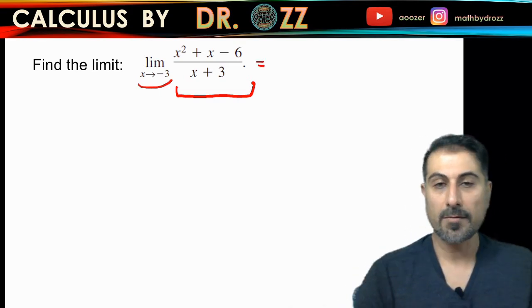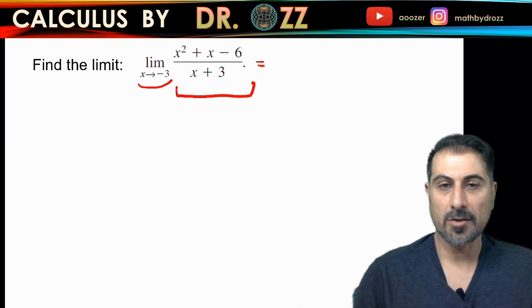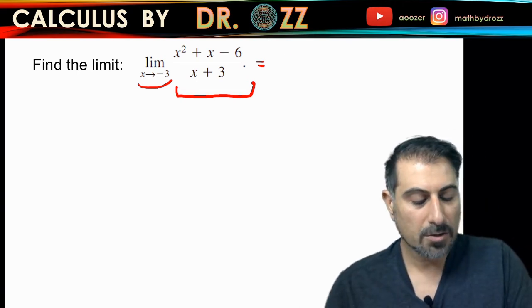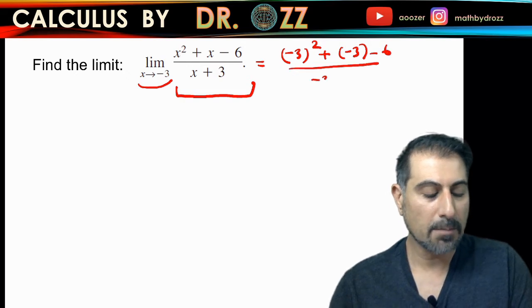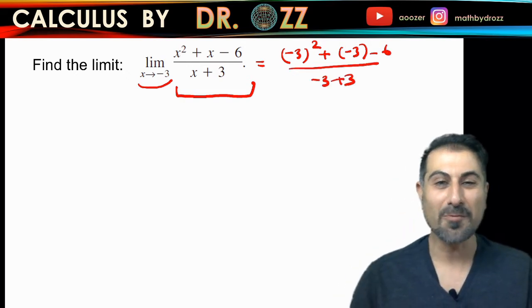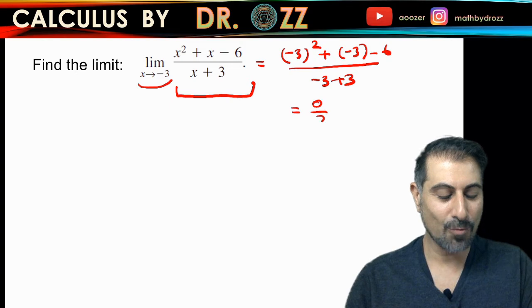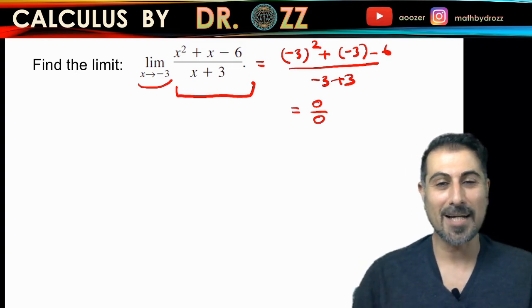Normally, if you have a rational function, the first thing that we can use is direct substitution. So (-3) squared plus (-3) minus 6, over -3 plus 3. If you simplify this, you get 0 over 0, so direct substitution does not work at all.